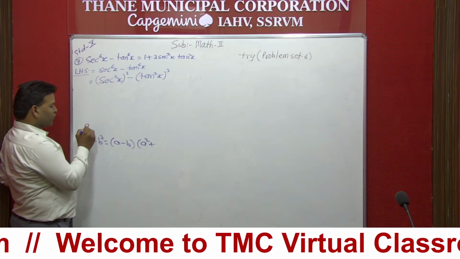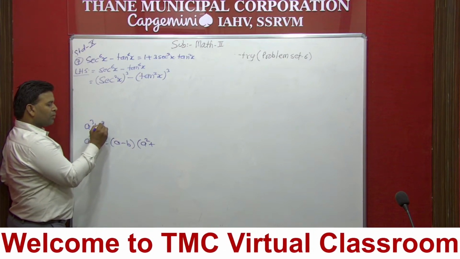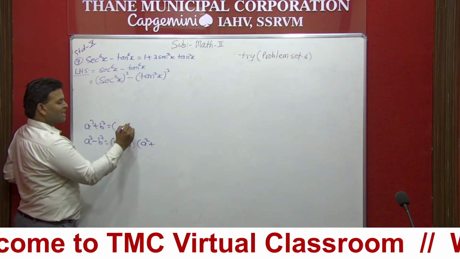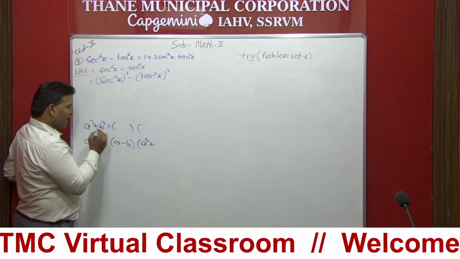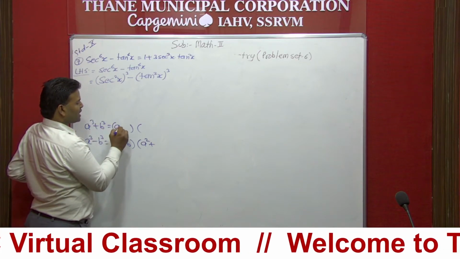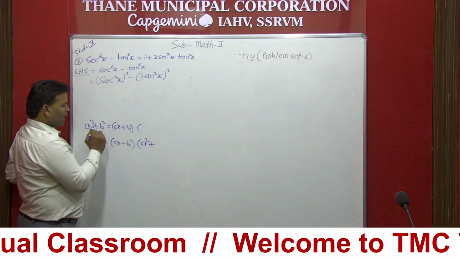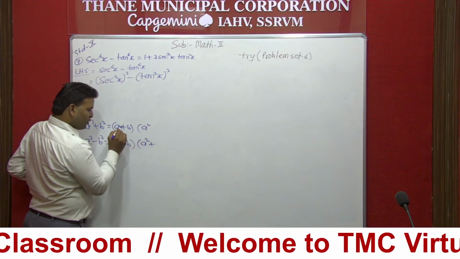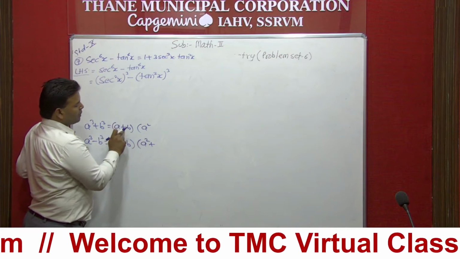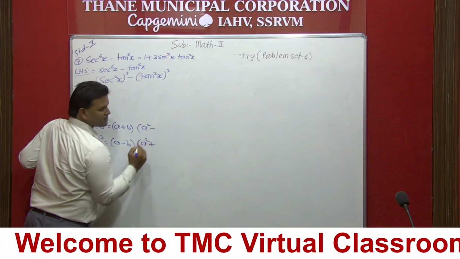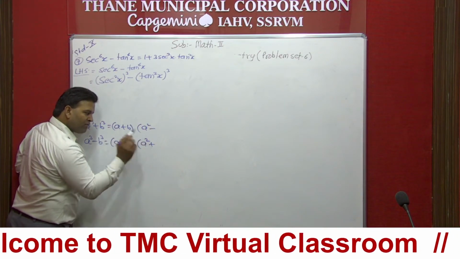On top of this there is also a formula: a cube plus b cube can be written as, I'm telling both the formulas. Here between a and b we have a plus sign, so a plus b. I will write a square. Now see, just now I told whatever the sign we have here, use its opposite there. Here it is plus, so what will be its opposite? Minus. Here it was minus so here I have used plus.